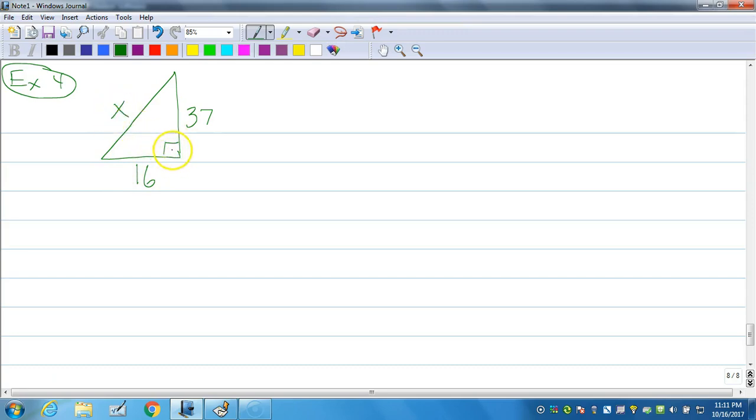You're like, what? No square root? Easy to do. Do you have the c? No. If you do not have the c, then you're going to add. So 16 squared plus 37 squared, and then you take the square root. That's what we do.